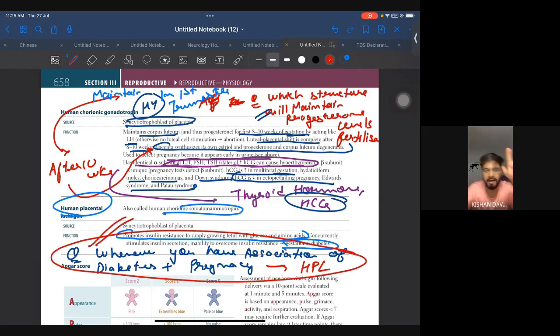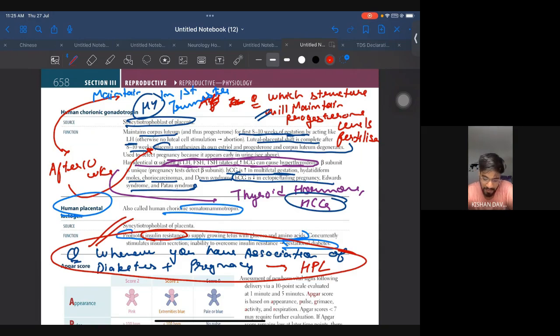They have asked this so many times. I got this question in the exam also. So if they are asking the association of diabetes and pregnancy, you should know that HPL is responsible for this. And why? Because it causes insulin resistance in pregnancy.